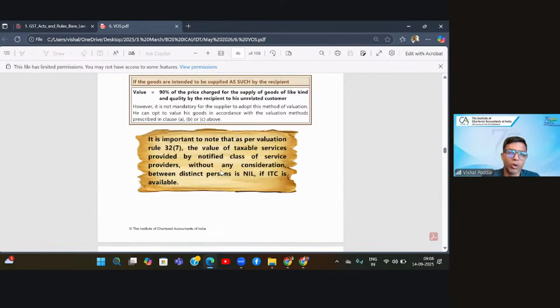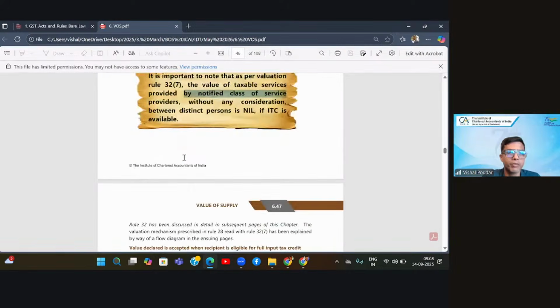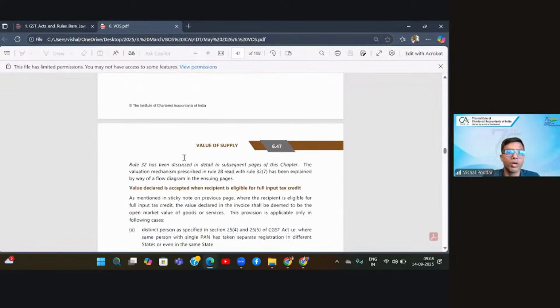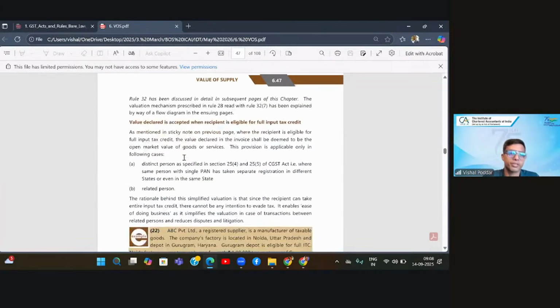Now, since there was a lot of confusion, a lot of litigation, people going to high courts, they came up with this clarification, which said that where we are providing services to our distinct persons, even nil value is accepted. Again, the same condition: ITC is available, but this relaxation is given only for notified classes.